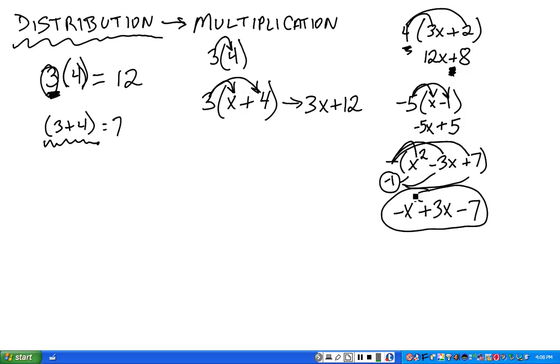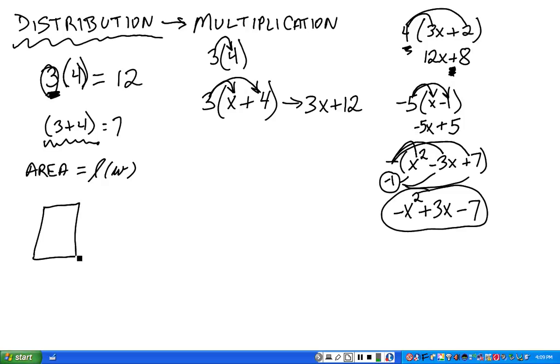Okay. Now, to expand distribution to real world application, sometimes area will suffice. When talking about the area of a rectangle, we know that it is length times width. So again, let's refer to a basic shape.